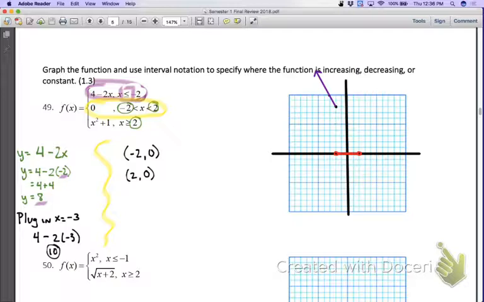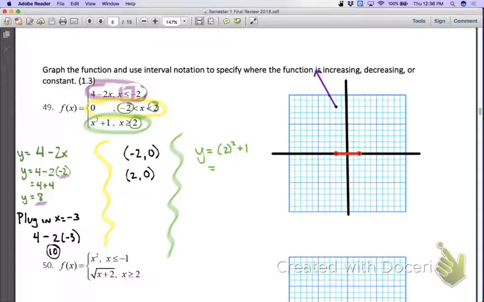Now, the last one then is going to be right here. So again, I'm going to section that off. So from there, what point am I going to plug in? 2. Okay, so I'm going to have y equals 2 squared plus 1.